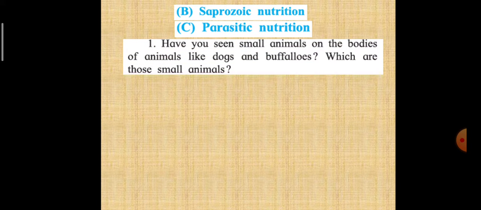The C is parasitic nutrition. Have you seen small animals on the bodies of animals like dogs and buffaloes? Which are those animals? Think about it.